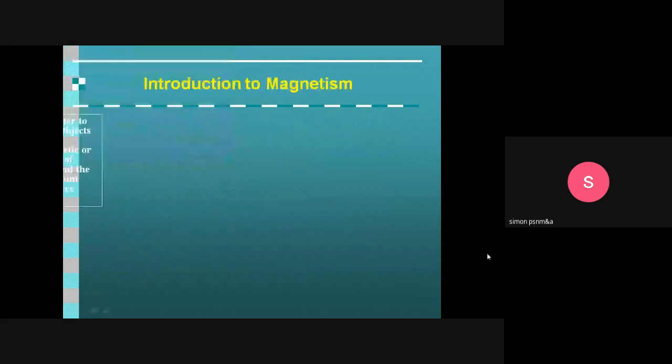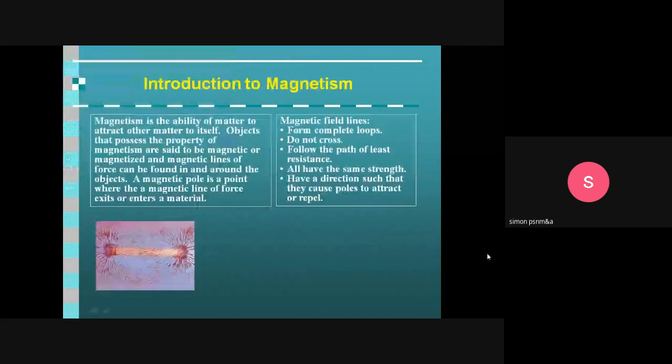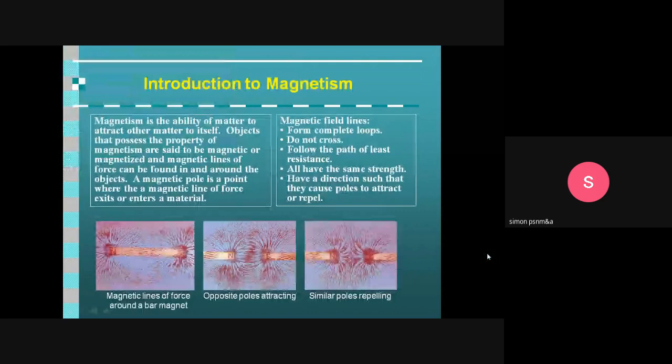So first of all, we'll see the introduction to magnetism. Magnetism is the ability of matter to attract other matter to itself. Objects that possess the property of magnetism are said to be magnetic or magnetized, and magnetic lines of force can be found in and around the objects.